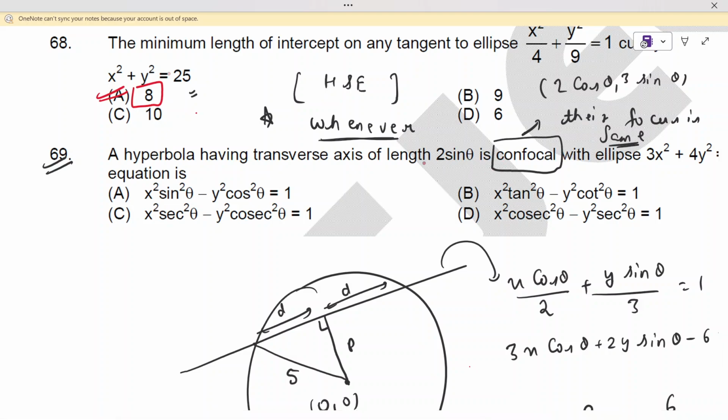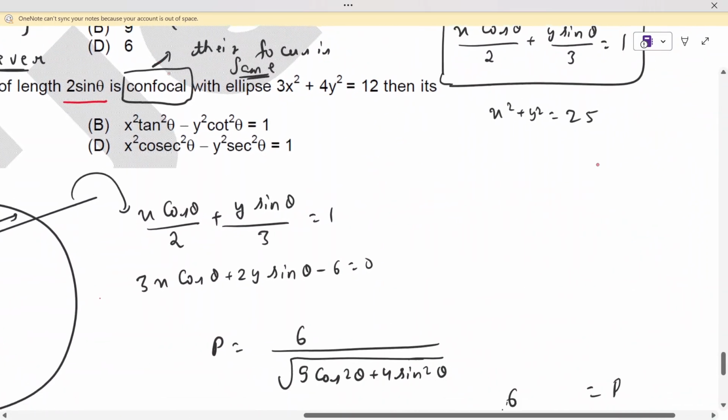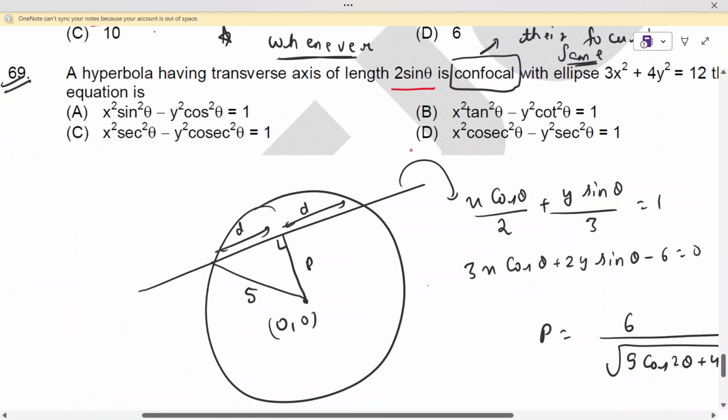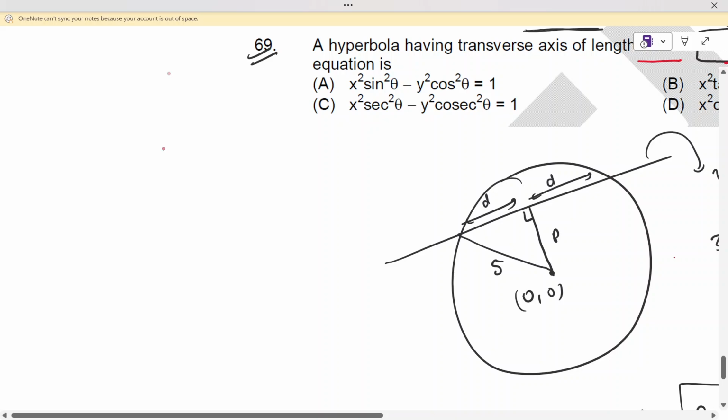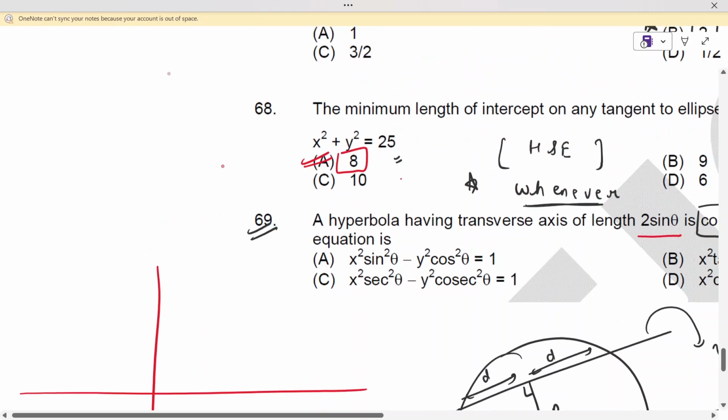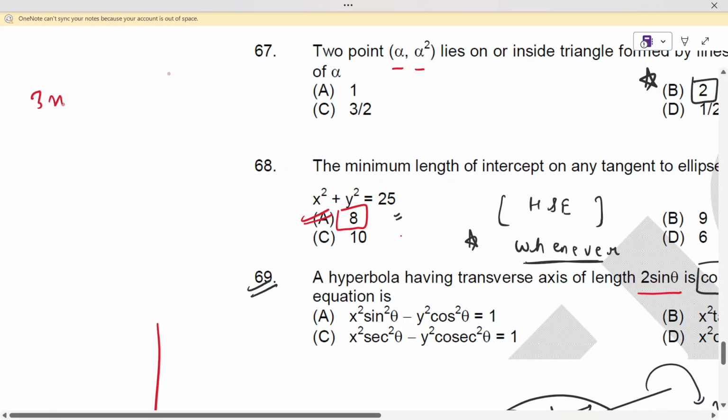So fine. Now after that we have a hyperbola having a transverse axis of length 2 sin theta, which is confocal with this ellipse, 3x square plus 4y square equal to 12. So the foci of this ellipse will be the same as the foci of this hyperbola. They are confocal. So 3x square plus 4y square equal to 12 gives x square by 4 plus y square by 3 equal to 1.